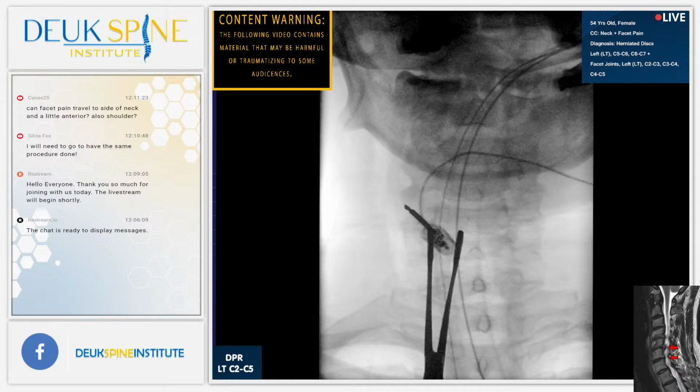The key is to get in just the right spot, which is kind of where I'm at now, which is at the waist of the lateral mass, the waist.